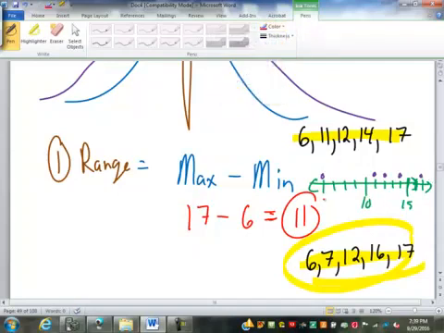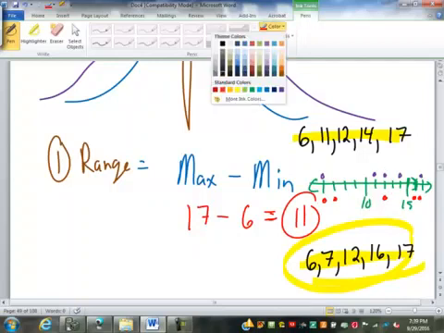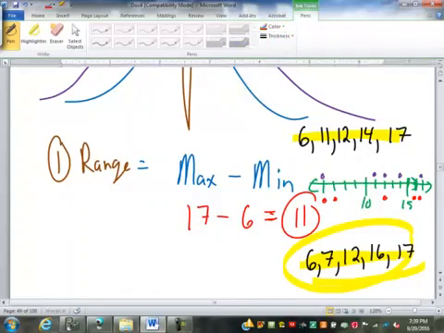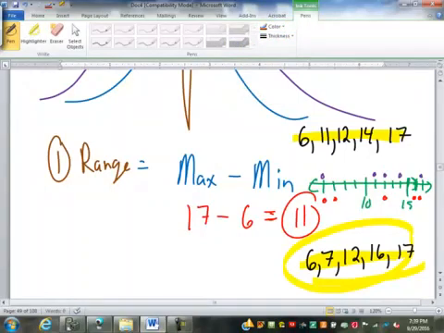The bottom one down here, I got dots at 6 and 7, 12, 16, and 17. Those red dots appear to be way more spread out, don't they? So the range is not adequate to distinguish between the spread of similar sets like that.